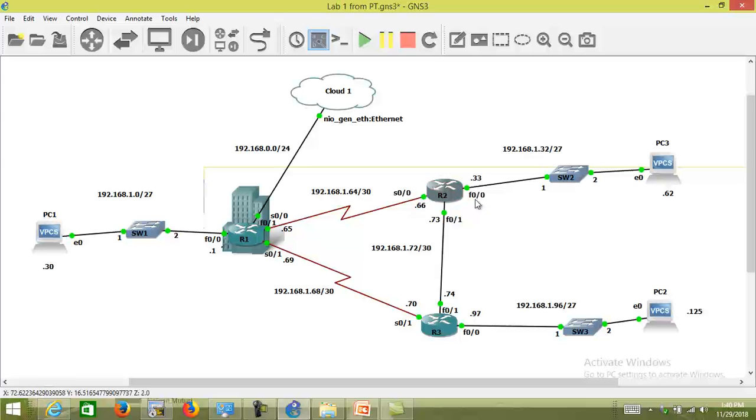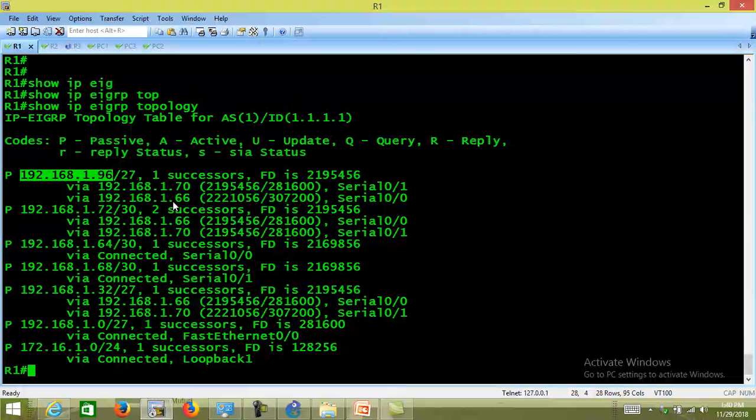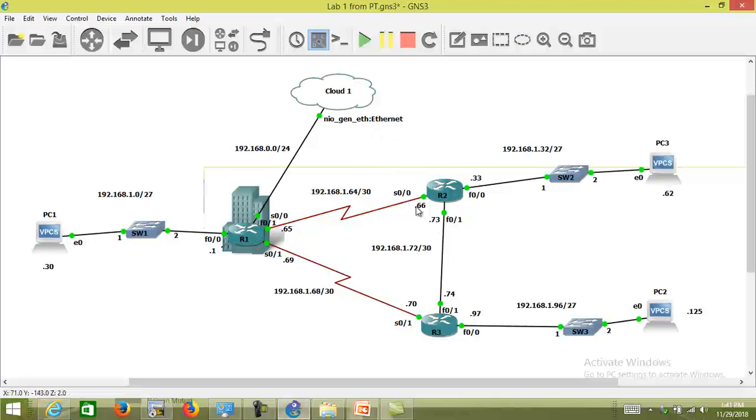So it seems that my router 2 has met the feasibility condition, because you can see that here we have one successor, who is router 3.